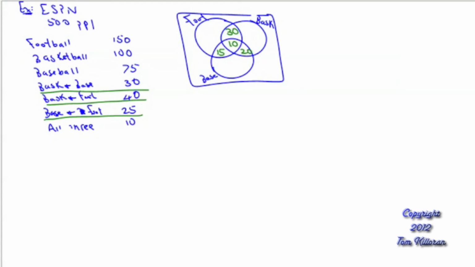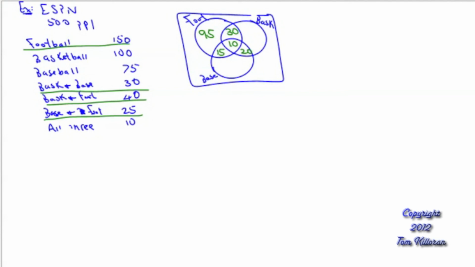All right, now here's the hard part. Football. 150 people are watching football. 30, 40, 55. I already have 55 taken care of. So what's that leave me? 95. These 4 numbers inside of football better add up to 150.